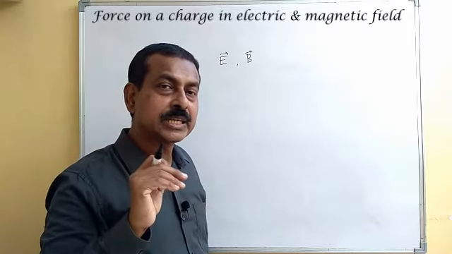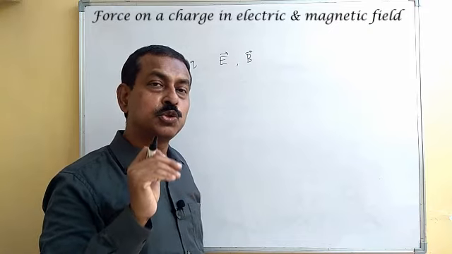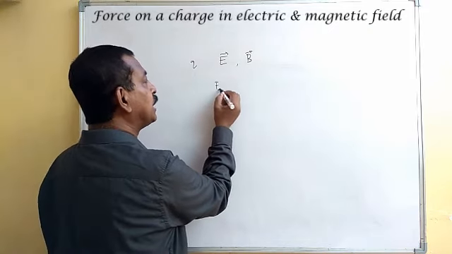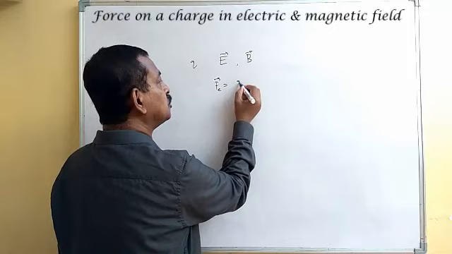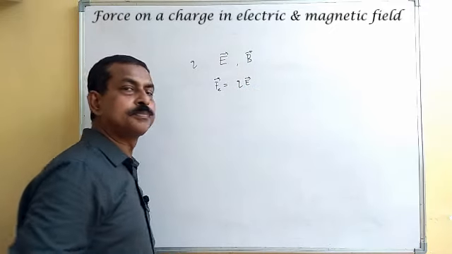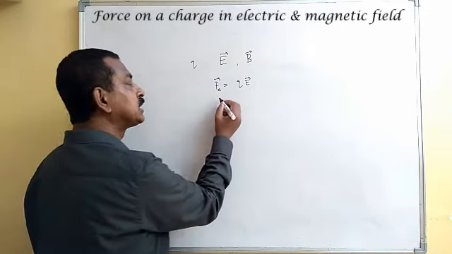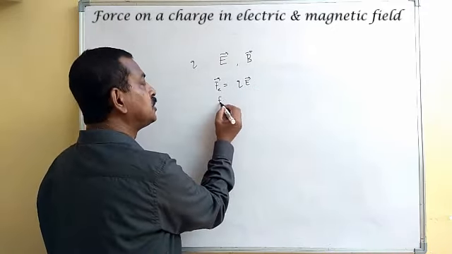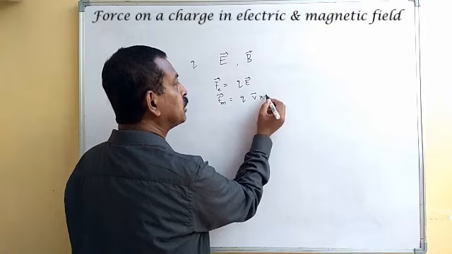So the force experienced by the charge due to the electric field, if I represent it as Fe, is QE. Force experienced by the charge due to the magnetic field, if I write it as Fm, is QV cross B.